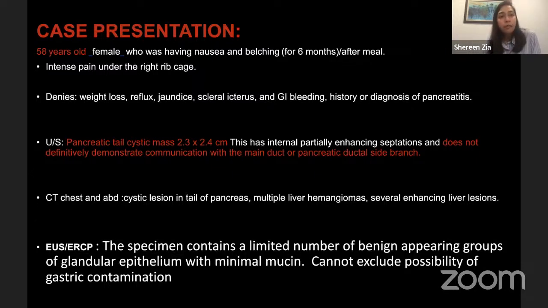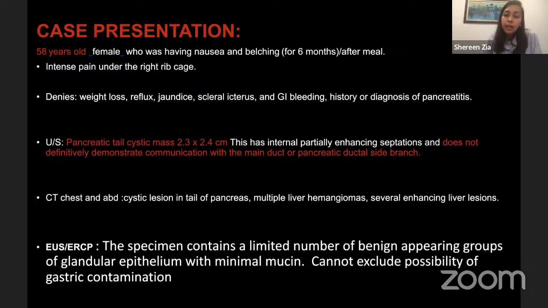So that was a 58-year-old female who had nausea and belching after meals, and she had intense pain under her right rib cage. She denied any history of weight loss, reflux, jaundice, GI bleeding, or pancreatitis.